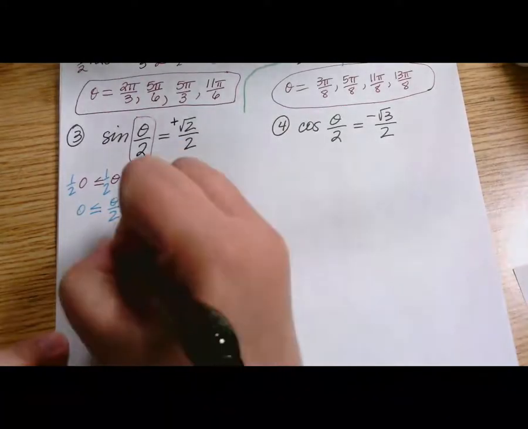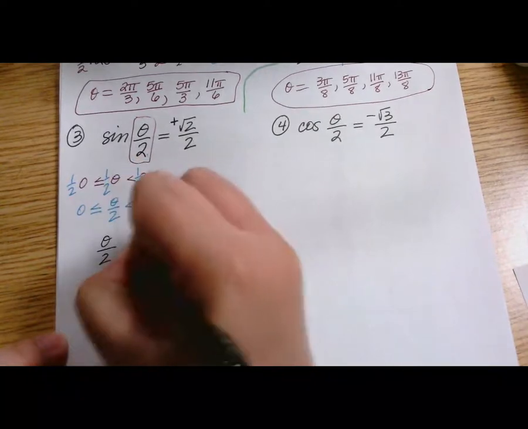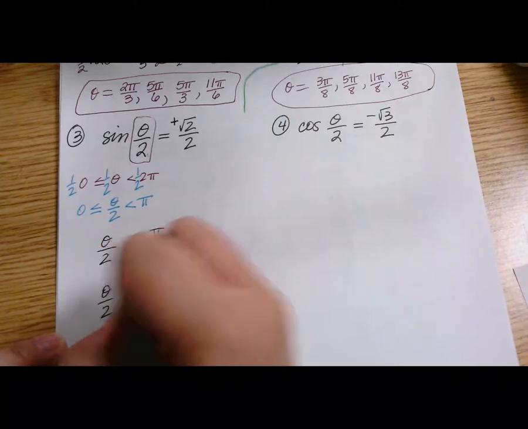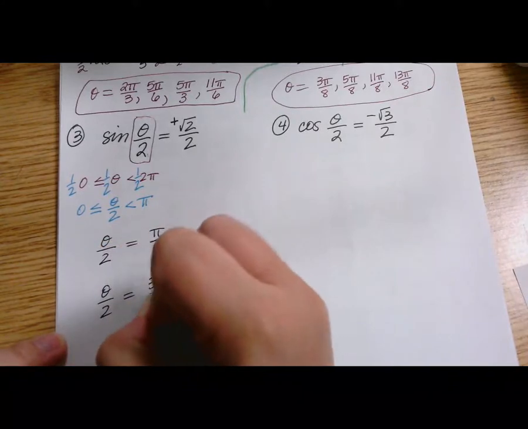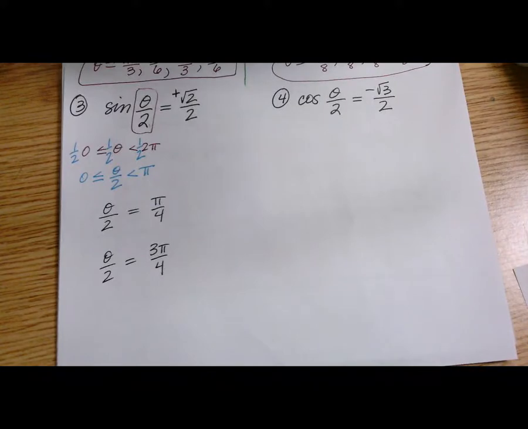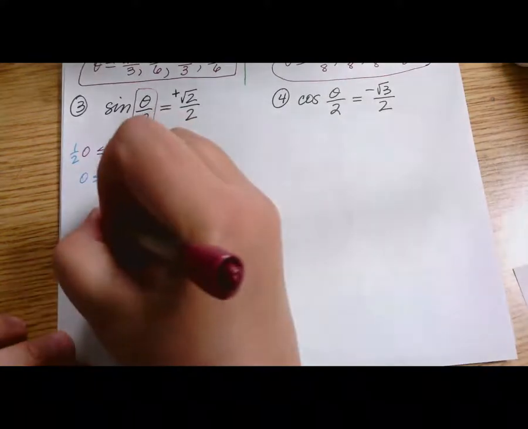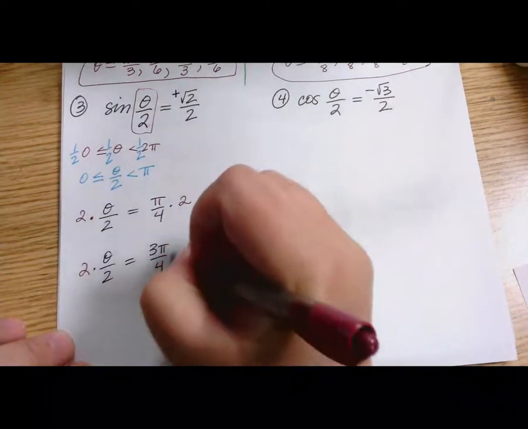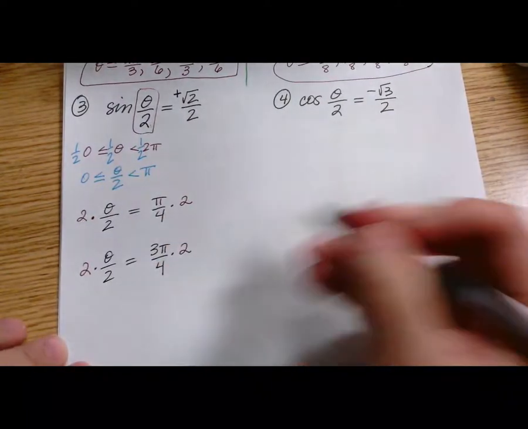Okay, so theta over 2 equals pi over 4, or theta over 2 equals 3 pi over 4. And now we just have to solve for theta, multiplying both sides by 2. To get rid of a 1/2, multiply by 2. It's the same as multiplying by 2 over 1.